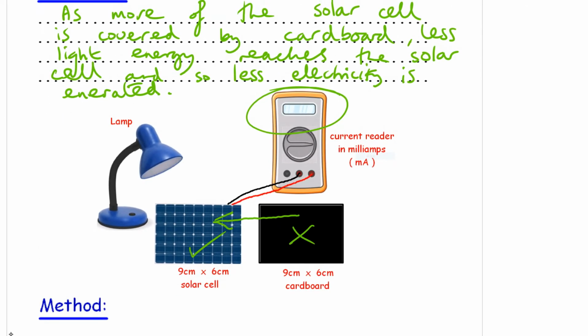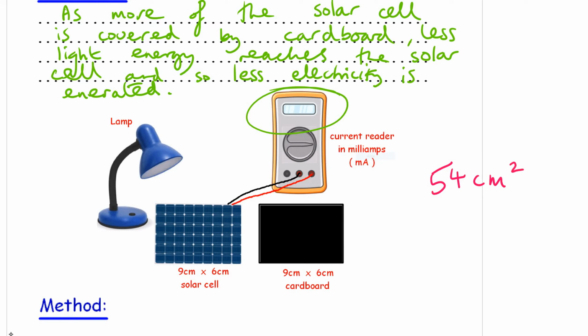Now, at the start, the solar cell was 9 centimeters by 6 centimeters. That gives us a surface area of 54 centimeters squared.